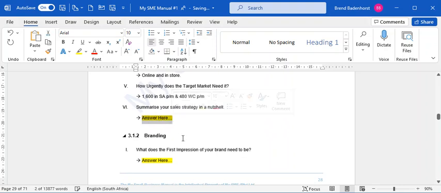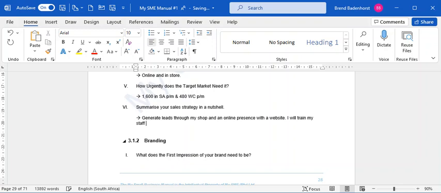So I'm going to generate leads through my shop and an online presence with a website. I will train my staff to be salesmen. That's the long and the short of my sales strategy in a nutshell.